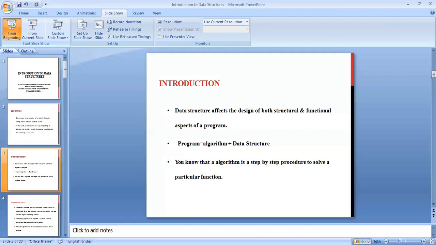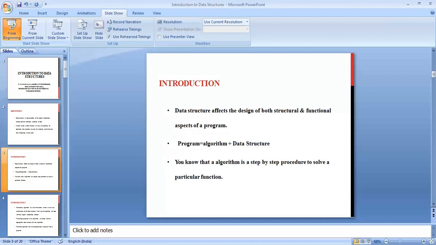Nowadays it is available in many variants, such as RDBMS and ORDBMS. You can learn any one of them. If you want to learn DBMS, the best now is ORDBMS. That's an important thing, guys.